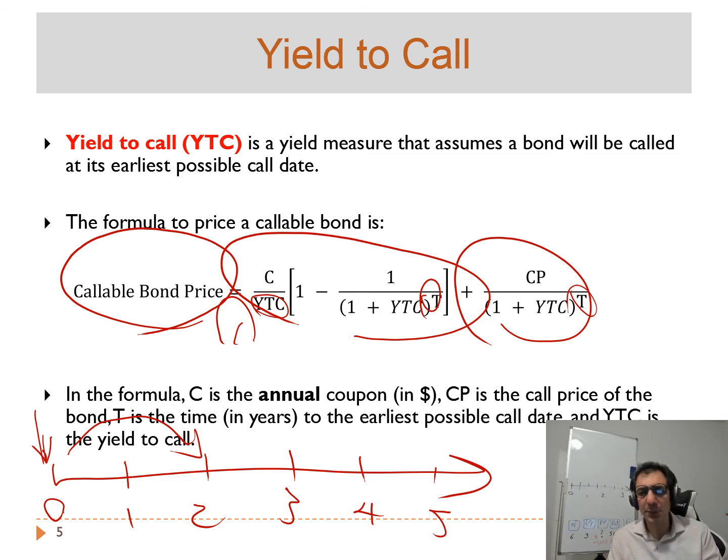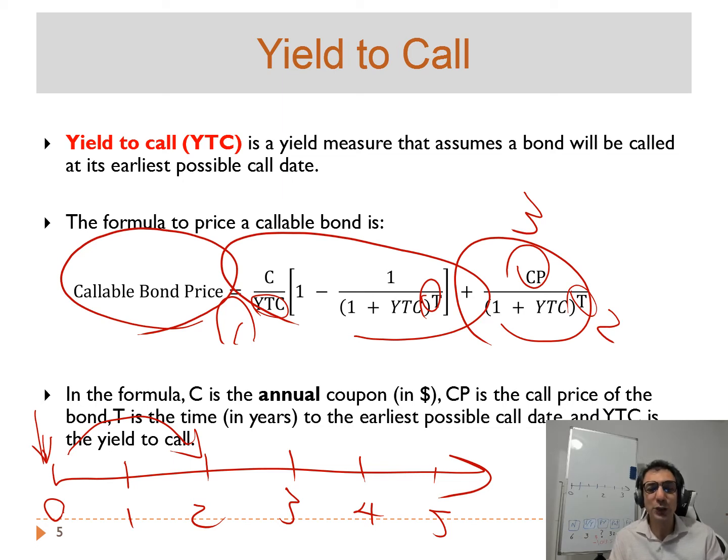That's the second important difference. And the third difference is the call price. If you remember, for the YTM, we used the face value, which was $1,000. However, the money you will receive at the maturity date or calling date is not the same as what you receive in the regular straight bond.